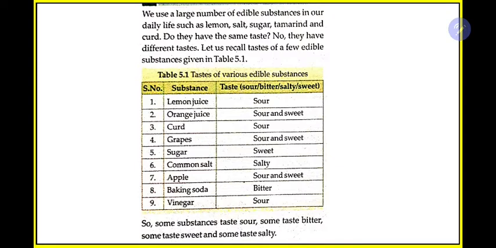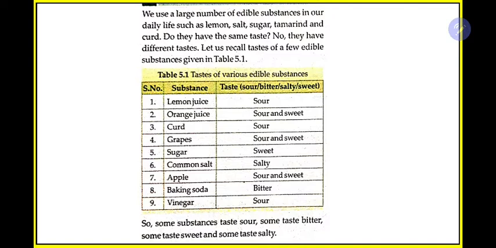Baking soda is bitter, right? Then vinegar is sour. So one more bitter example let me give you. Probably you have seen that common soap which your mother used for washing clothes, right? The local common soap. The taste of the soap is bitter. As the taste is bitter, it will be a basic substance.